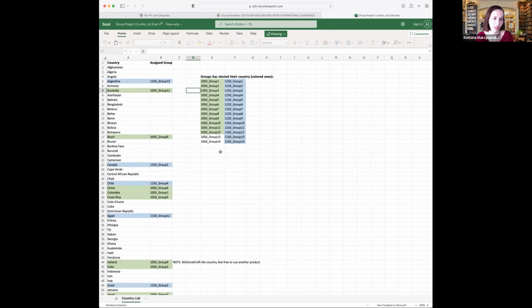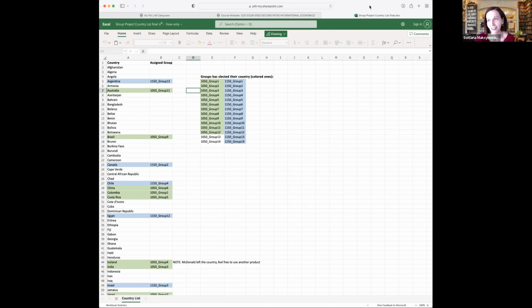So just to eliminate possible challenges for the students who cannot find data or would have difficulty comparing their trade statistics, I try to eliminate all these countries.